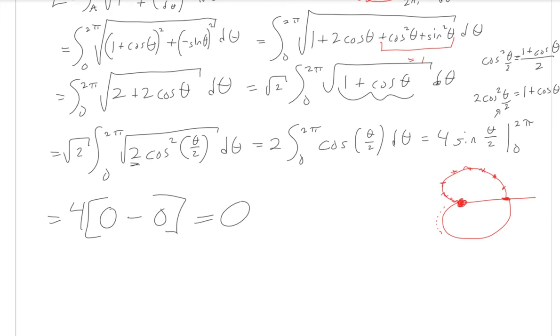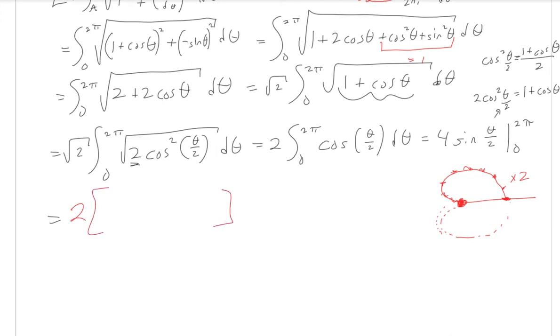Instead of going from 0 to 2 pi, what we can more simply do is just find the length from 0 to pi, and because we know that the cardioid is symmetric, we could just double this. So instead, we can double the length of 4 sine of theta over 2 from 0 to just pi instead.